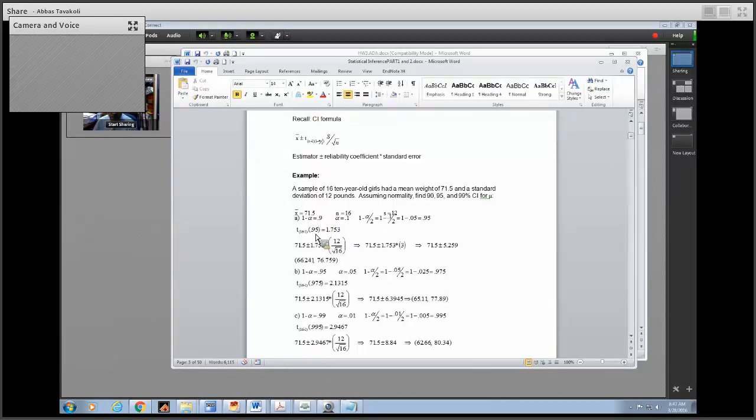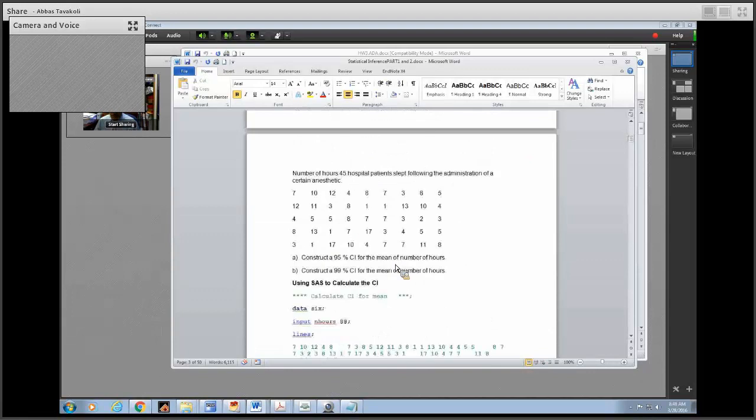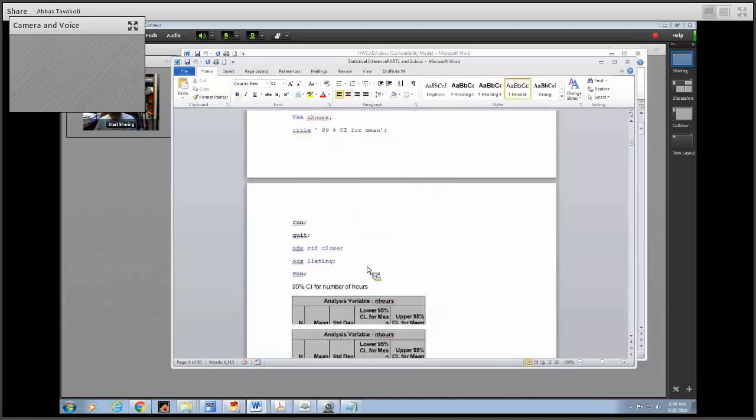We find from the T table T at 15 and 0.95 was 1.753, times 12 as our standard deviation over the square root of 16. So you can find the confidence interval the same way for each type.